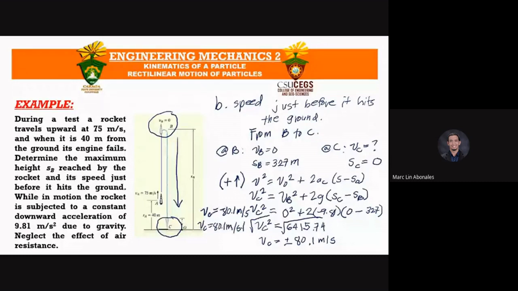Okay? So that would be your answer. So actually for a free falling body, it is easier compared with the first two example problems, right? Since the acceleration is constant, you only substitute the values directly.